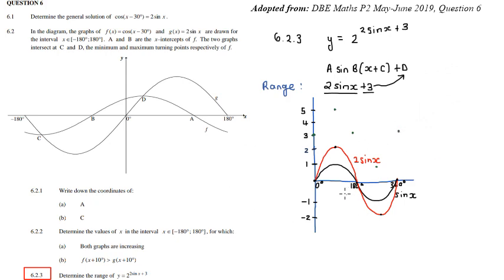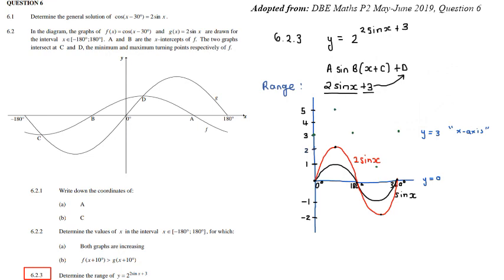Now this line, basically the x-axis, that is y is equals to 0, so that will go up to 3 as well. So basically the line y is equals to 3 is now acting as if it was our imaginary x-axis.